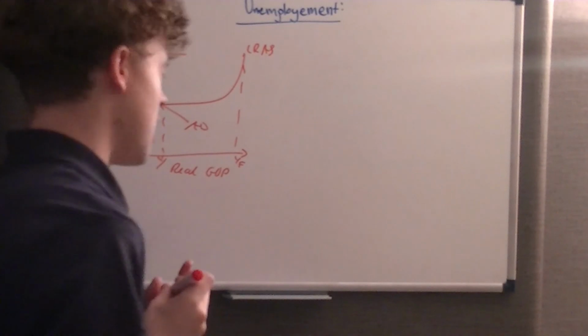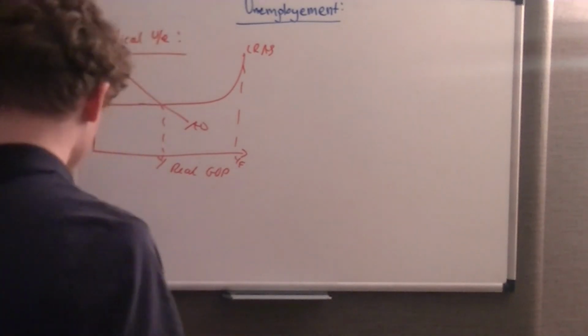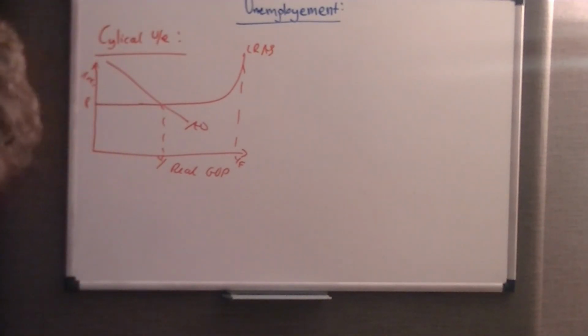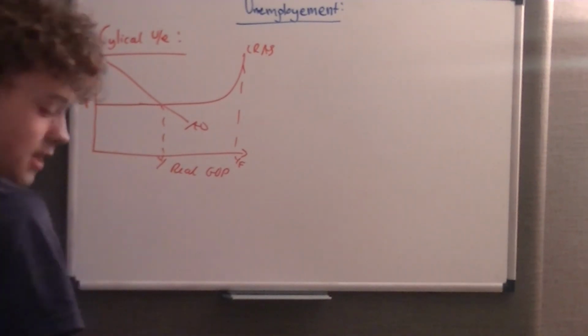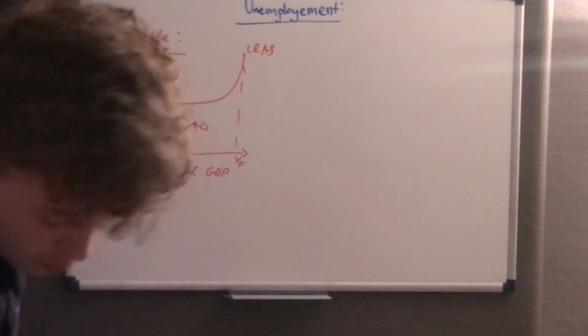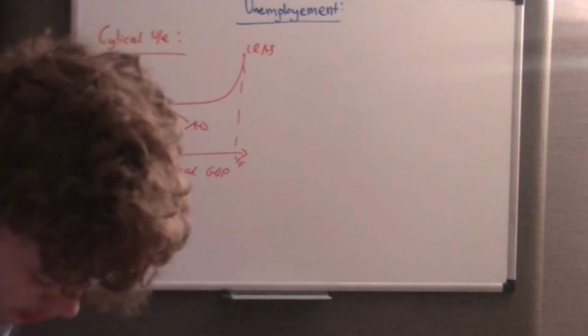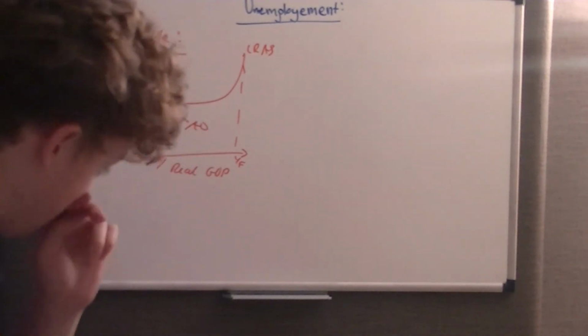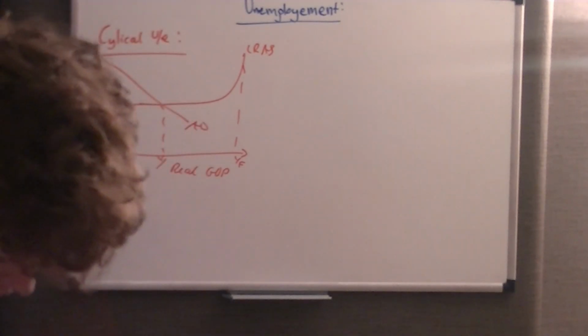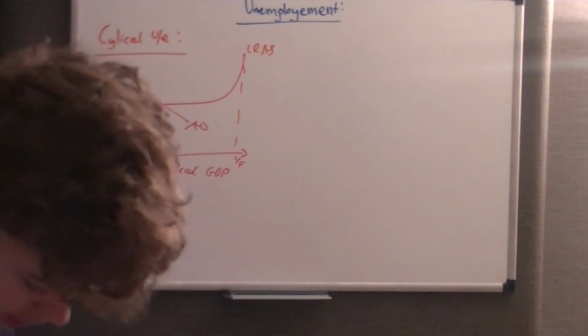If you were explaining this on a diagram, even in an essay, you would say that because there is a low level of aggregate demand, the price level won't change, but the real national output has decreased.